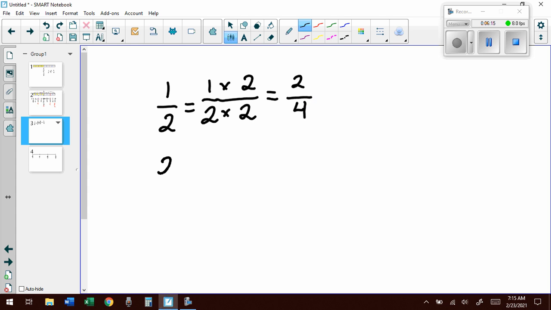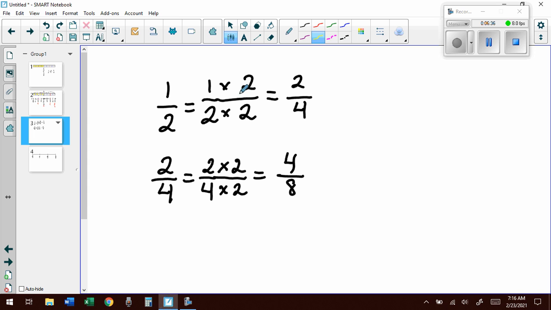And 2/4 equals 2/4 times 2. 2 times 2 equals 4. And 4 times 2 equals 8. If you look, we multiplied by the same digit each time. So what I did to the numerator here, I did to the denominator here.